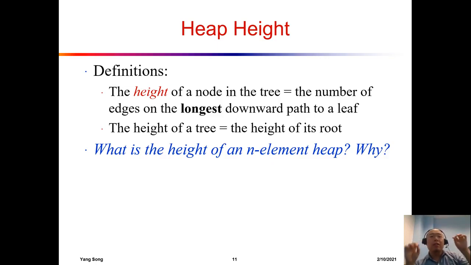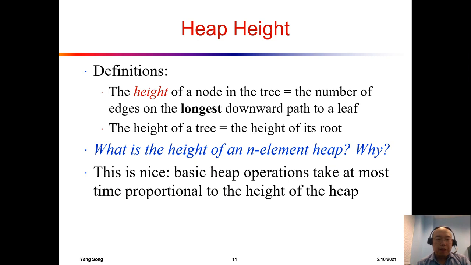So it's always log base 2 of n, and then we round down, and that gives the height. Well, it is really nice because for most of the operations, the height of the heap will be the maximum of the operations we need. So the height of the heap is an important factor we are going to use later in this class.